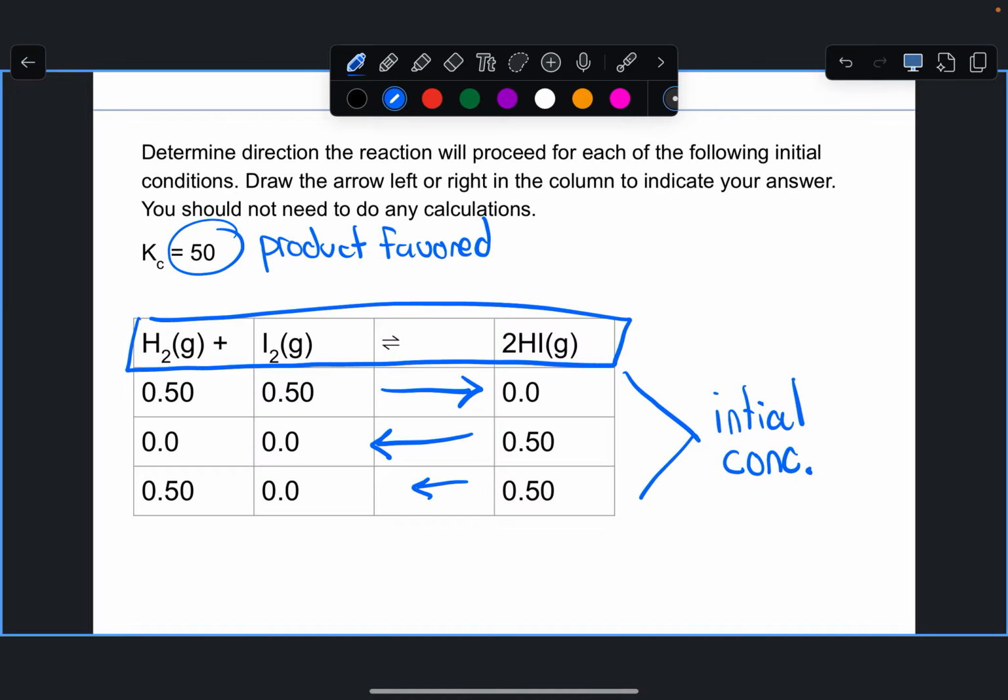And in the third one, even though I have some of this reactant, because this one's 0, I also have to go backwards and make a little bit of that. And that's true whether the K is product or reactant favored, okay? So I'll write that as well. True of reactant favored as well.